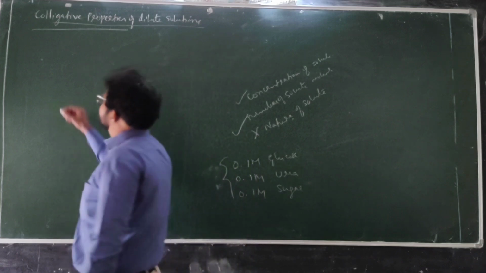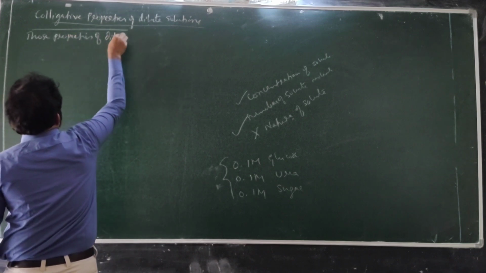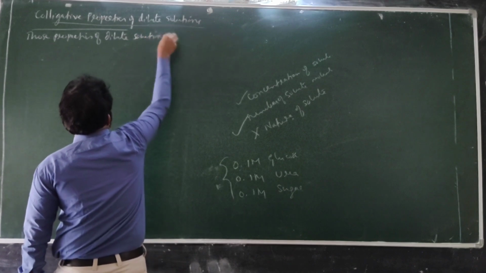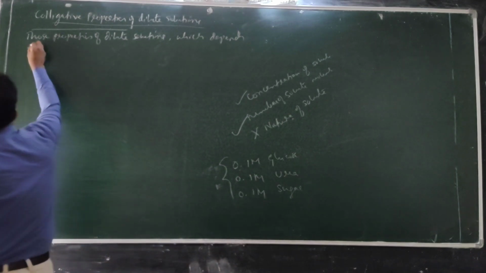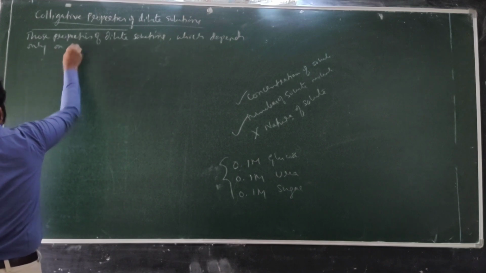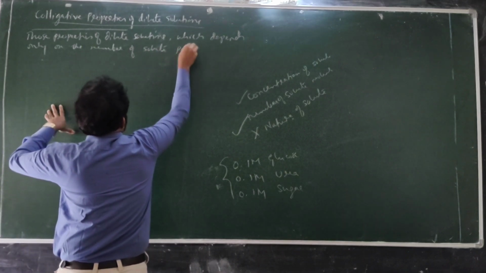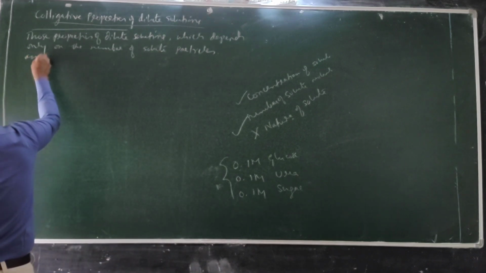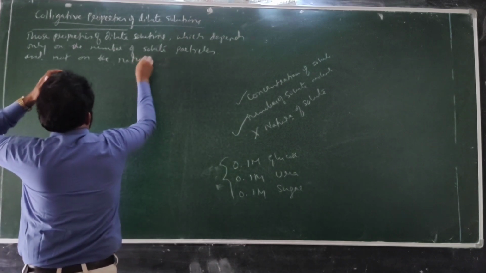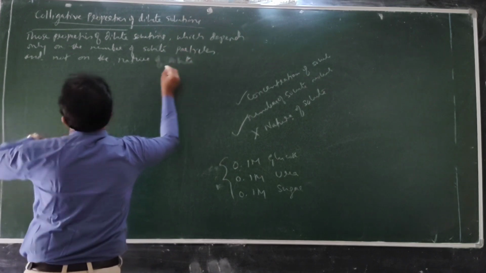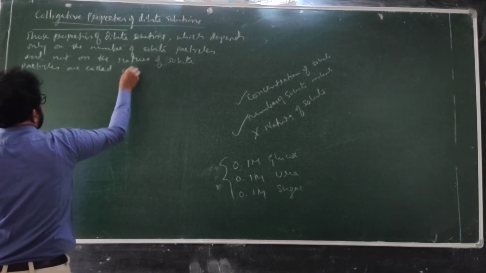One more time, I write it. Those properties of dilute solutions which depend only on the number of solute particles and not on the nature of solute particles are called colligative properties.